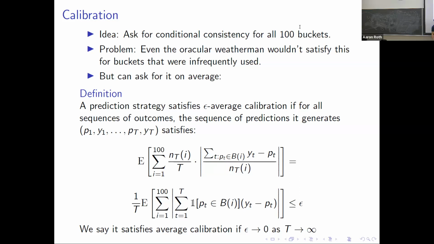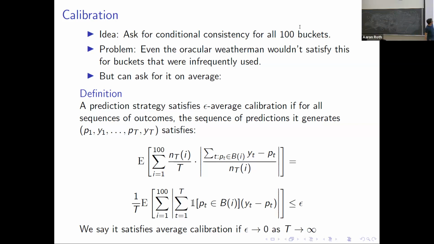Looking at this condition and simplifying a little bit, we notice that if we weight bucket i in proportion to the number of times we play bucket i, and then we look at the conditional average consistency error in bucket i, which is an average over the days on which we played bucket i, the number of times we played bucket i cancels out from the numerator and the denominator, and this measure of epsilon average calibration is actually pretty simple.